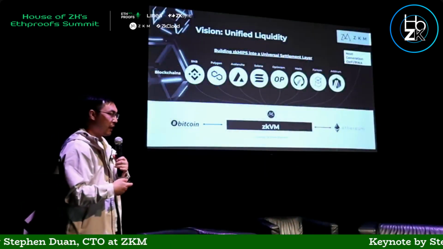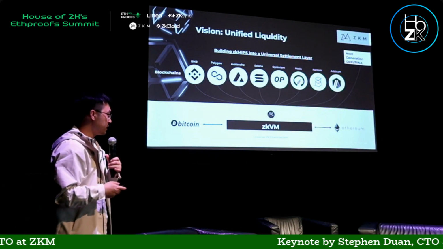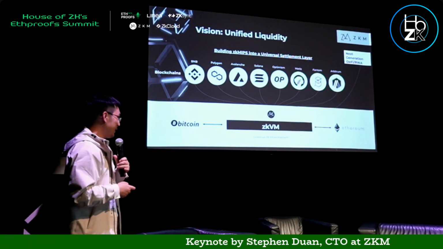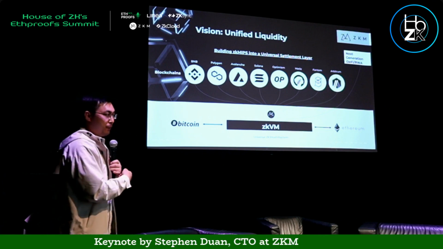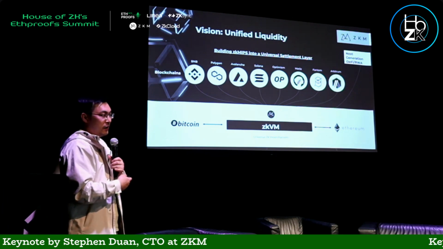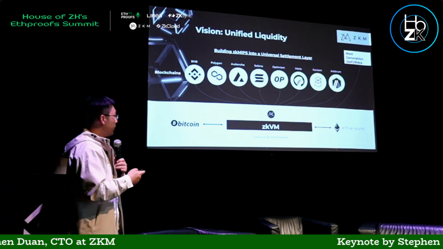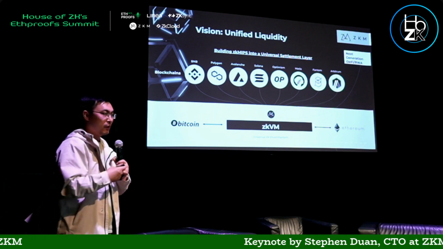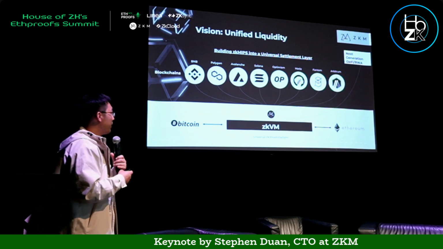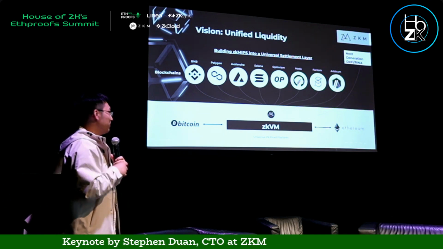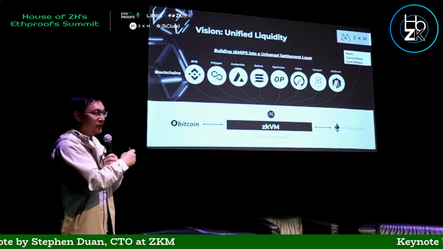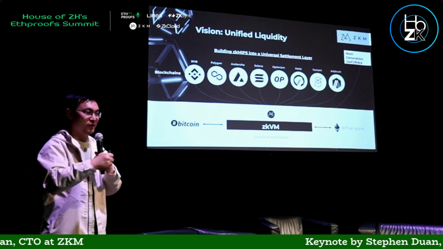For our vision, we want to build universal settlement across different blockchain ecosystems. It's a big vision actually. The first step is we build the Bitcoin layer 2 right now. Maybe the next step, we are going to build some other bridgeless bridge to improve the security of the bridging protocol.